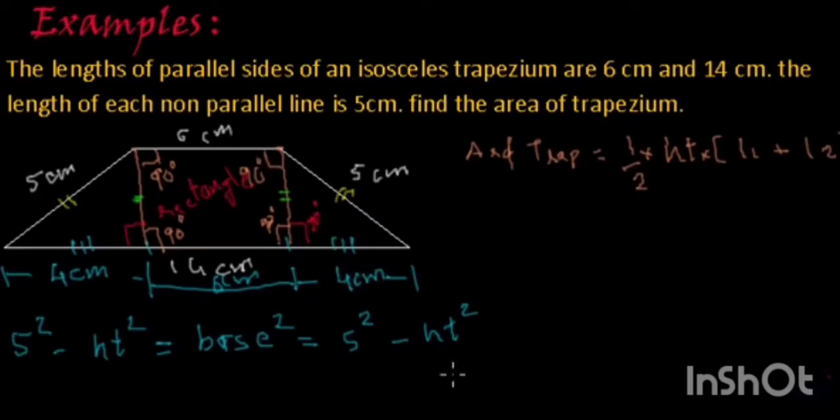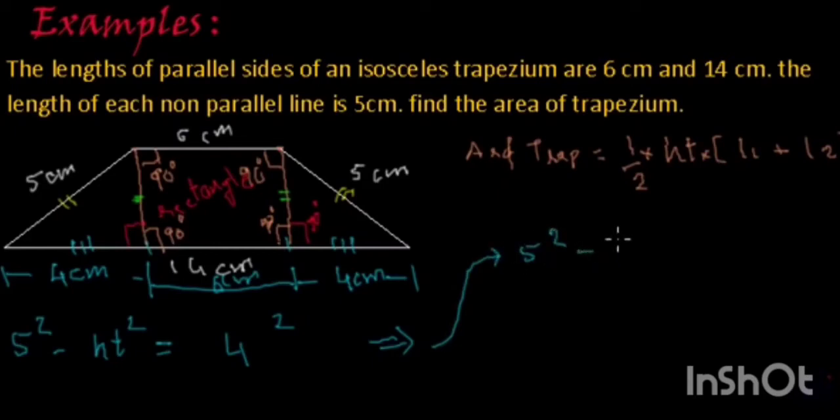And now if I put base equal to 4 over here, what do we get? If we take 4 square to this side and height to this side, we will get 5 square minus 4 square is equal to height square. 5 square is 25. 4 square is 16.